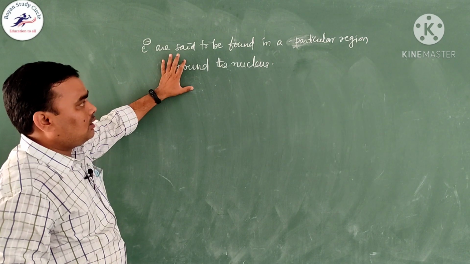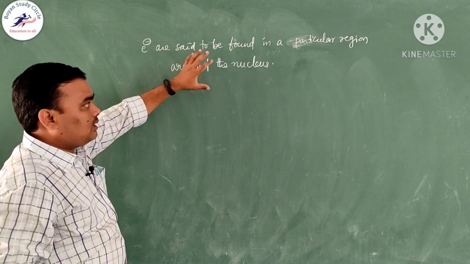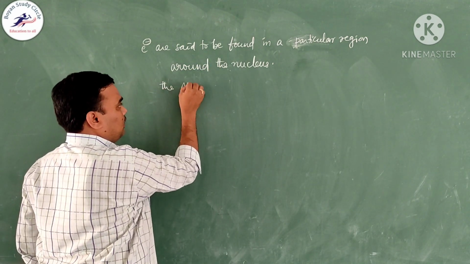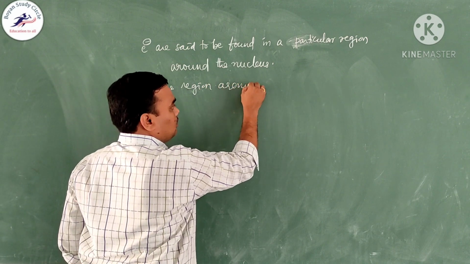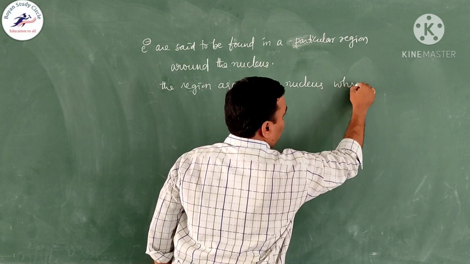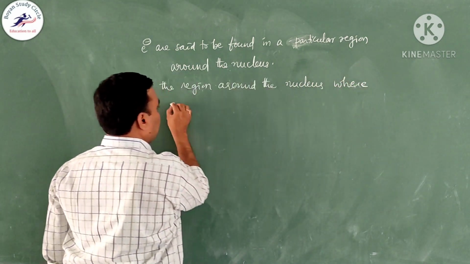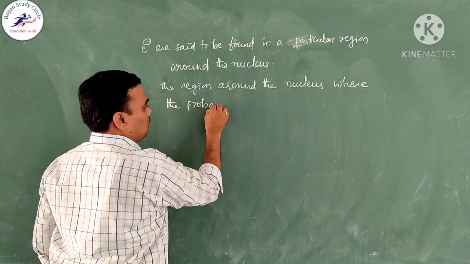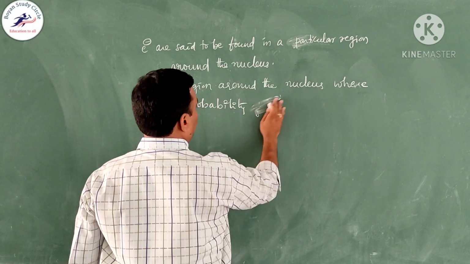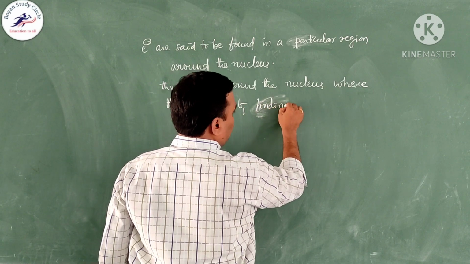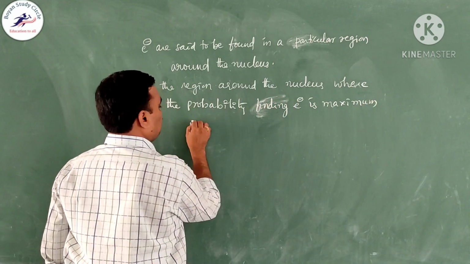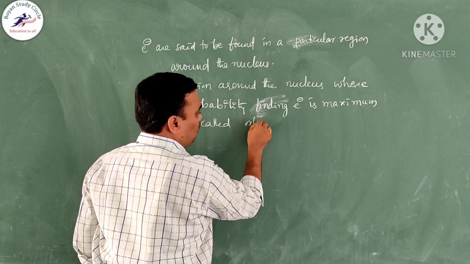So, the region around the nucleus where the probability of finding the electron is maximum is called an orbital, right.